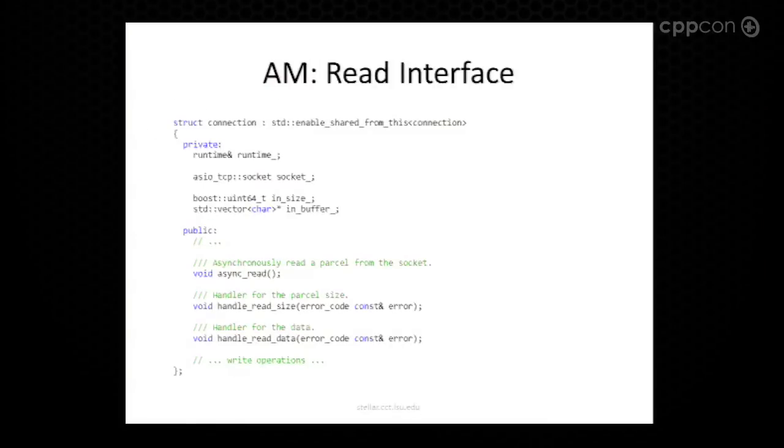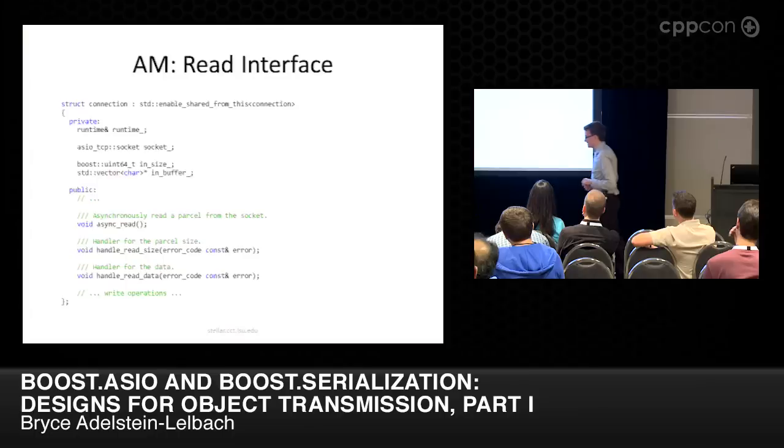All right, so here's the reading interface. This connection class is going to derive from enable_shared_from_this. And enable_shared_from_this deserves a little bit of an explanation. I got this question in my other talk, which was how do you manage the lifetime of connections? The way that you do it in Asio is that every connection that you create is a shared pointer.